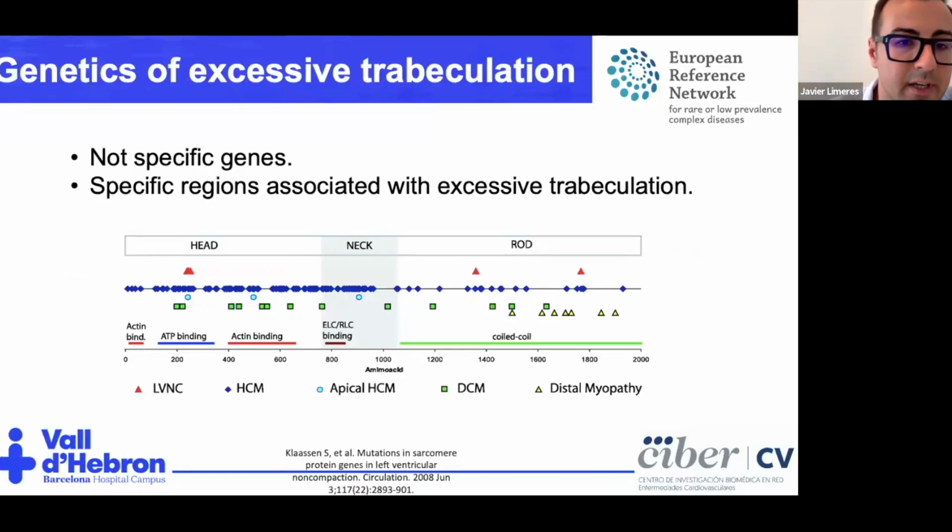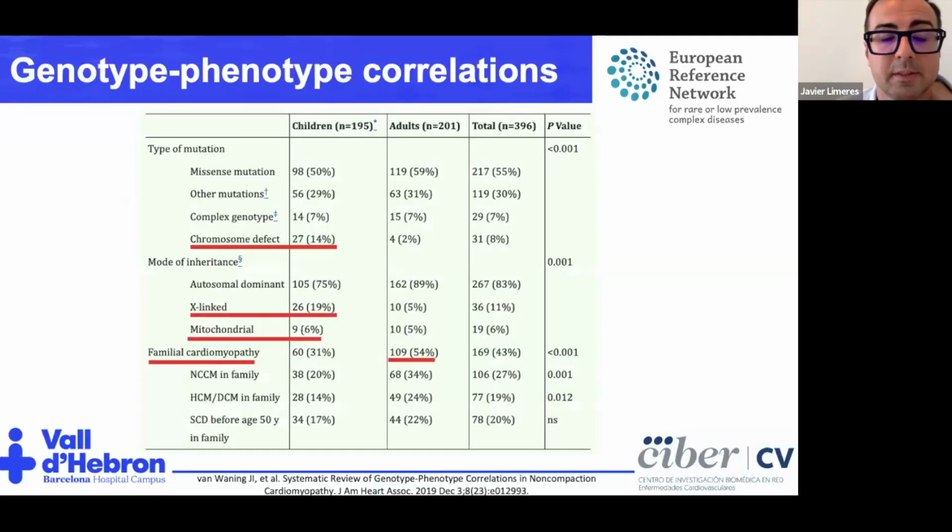You can find this variant in the head, or for example, in this part of the rod of the heavy chain, where if you have a mutation in this region, it's probable you develop an excessive trabeculation, unlike if you have the same variant but in other parts of the gene. So you have not a specific gene, but there are specific regions associated with this disease.